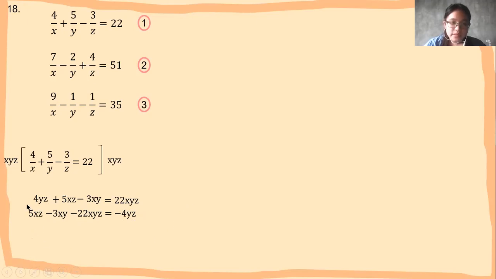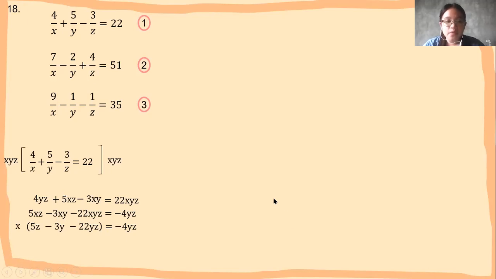Then let's factor out x. Then 5xz divided by x is equal to 5z. Then negative 3xy divided by x, we have negative 3y. Then negative 22xyz divided by x, we have negative 22yz.